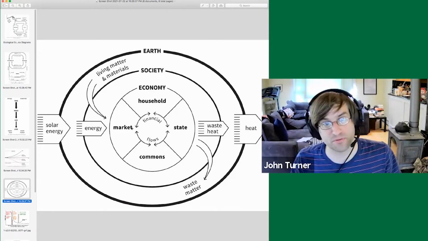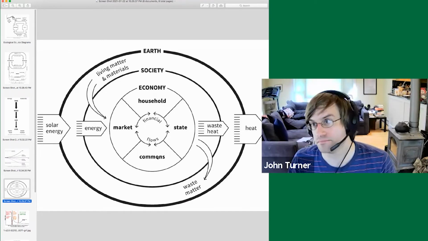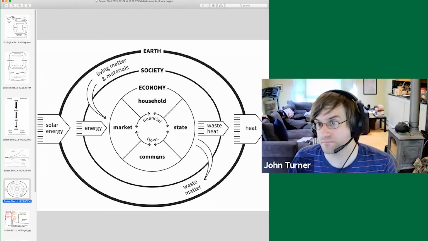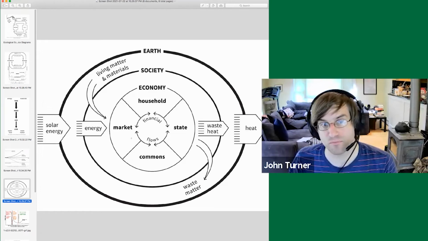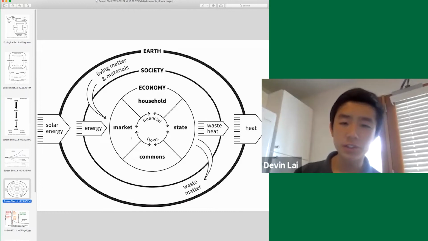So for example, notice here, commons, that's a separate segment from the market. Why is it that these are separated? If the price signal is operating here, why doesn't the price signal automatically operate here? What makes the commons different from what's active in the market? Well, the commons can't really be bought or sold, so there's no price.